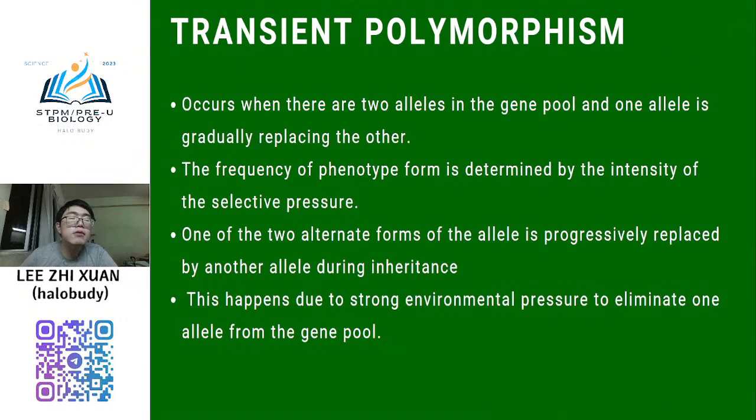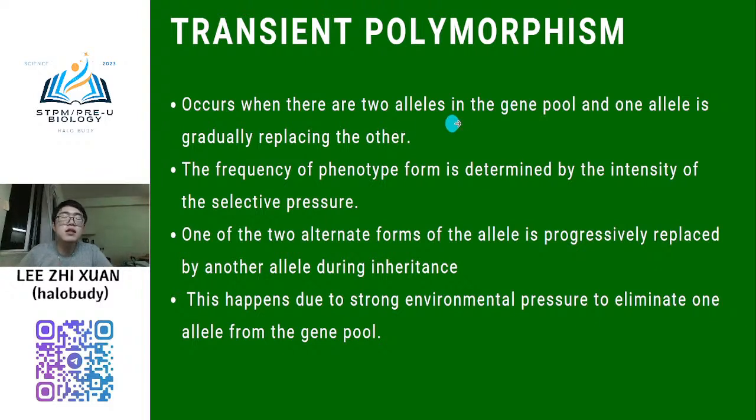Okay, another one is what we call transient polymorphism. Normally this is when there are two alleles in the gene pool, and one allele is gradually replacing the other. So meaning there are two alleles, but one of the alleles is already replaced.